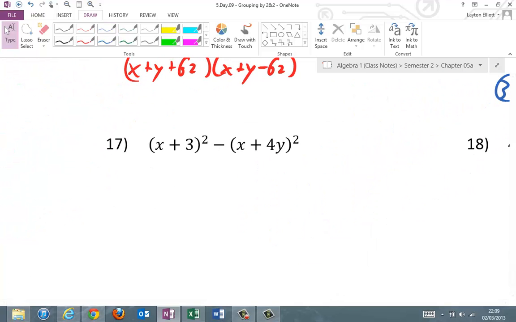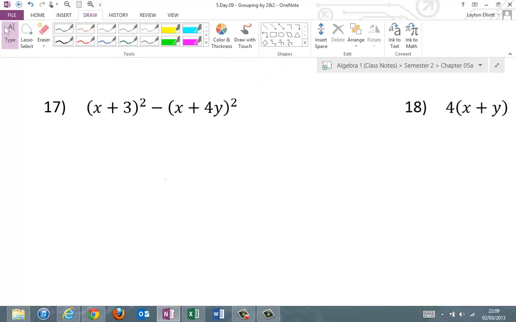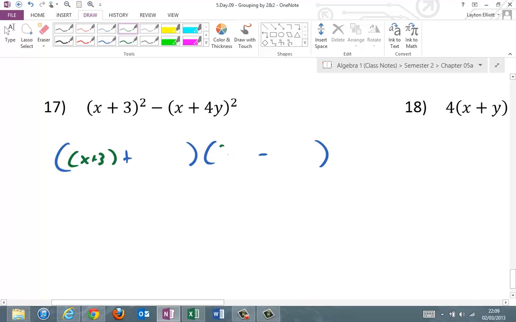Here we've got two groups. We'd had this before. So big parentheses with a plus minus. And then we're going to build the group here. The first one is an x plus 3, so I'm going to put that in both spots. And my second one is an x plus 4y. That was a difference of two squares because they were both being squared.